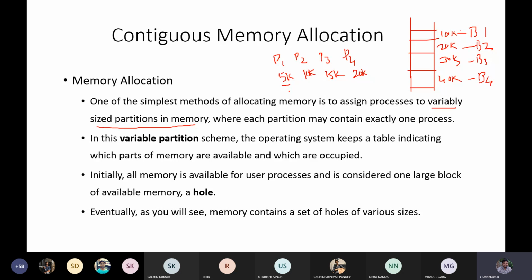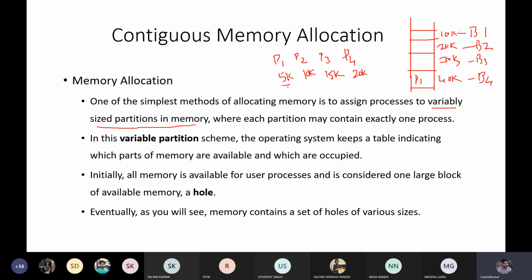In this variable partition scheme, the operating system keeps a table indicating which parts of memory are available and which parts of memory are occupied. Suppose P1 takes, say, block 4. P1 is allocated in block 4. Now this entire block will be occupied by P1.